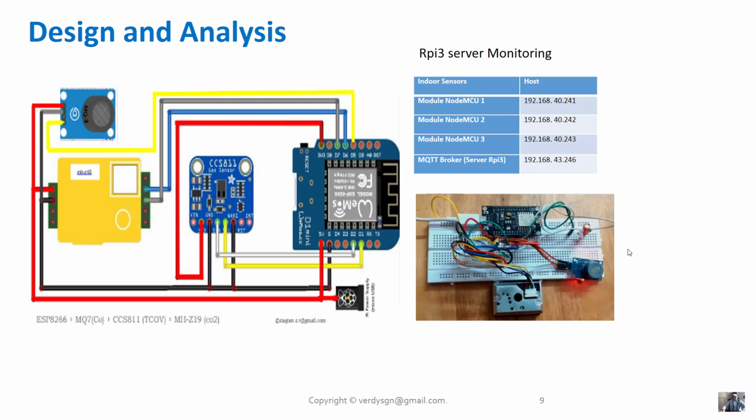And the server RPI MQTT broker has the IP address 192.168.40.246, and the connection is by WeMOS. We can show this below.